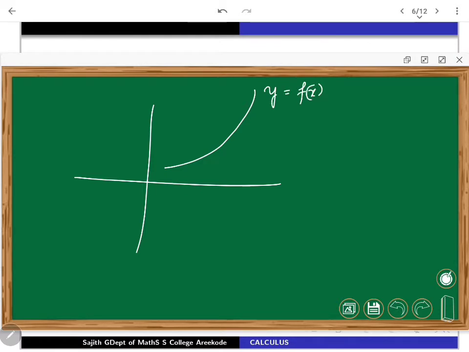At each x, we have the corresponding point x, f of x. If you change a little bit, x plus delta x gives you some point here. Maybe I write this as P and this as S. This corresponds to x plus delta x and f of x plus delta x.